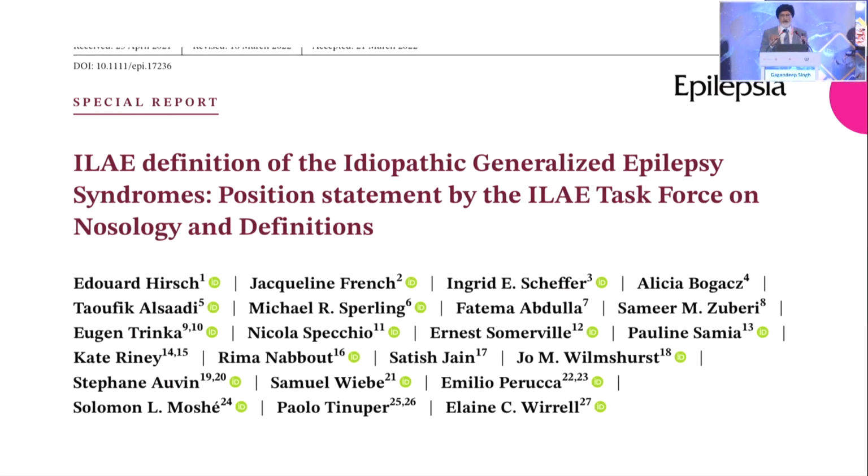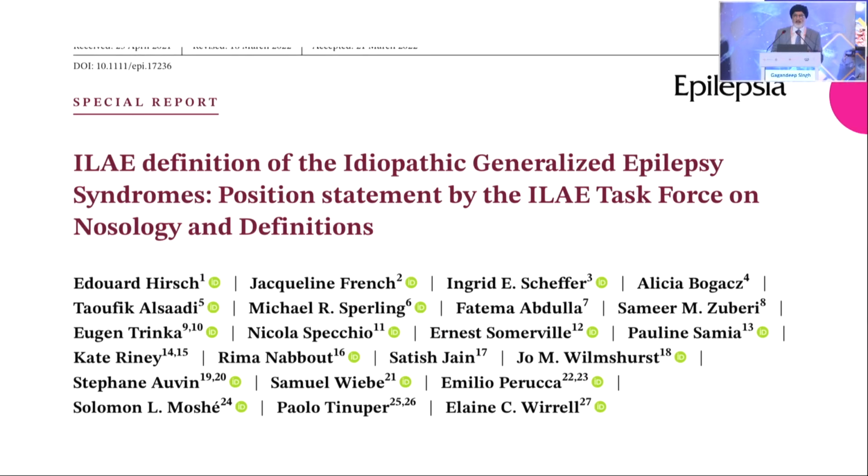There were a number of proponents as well as opponents who wanted the name idiopathic generalized epilepsy to be discarded, and in future it should be called genetic generalized epilepsy. And that was the genetics revolution.